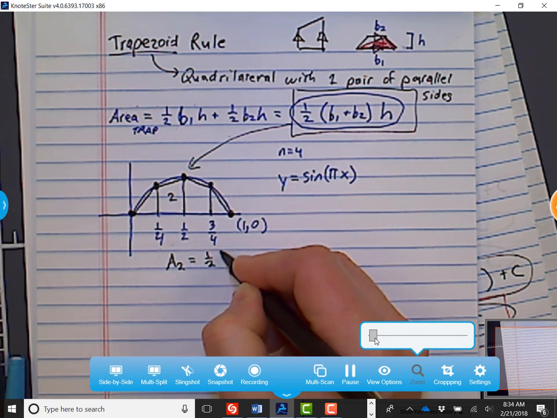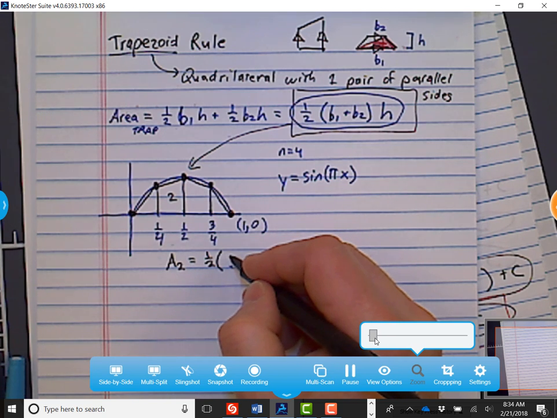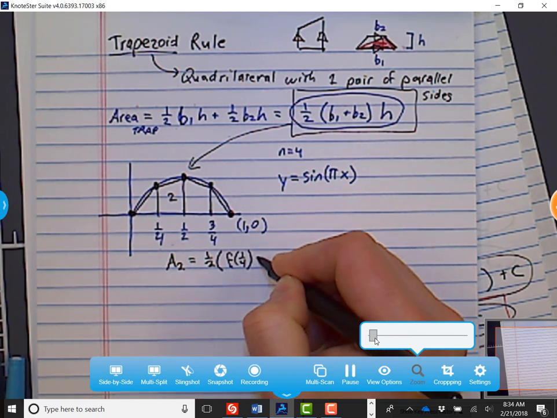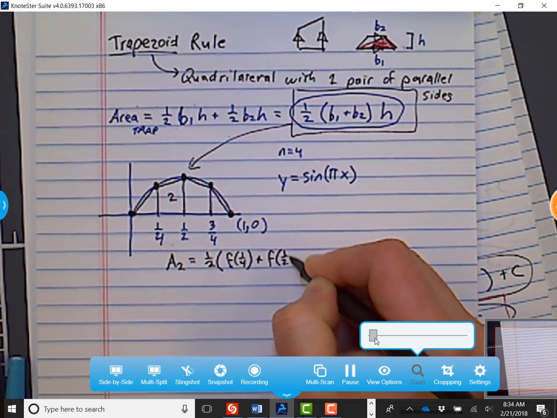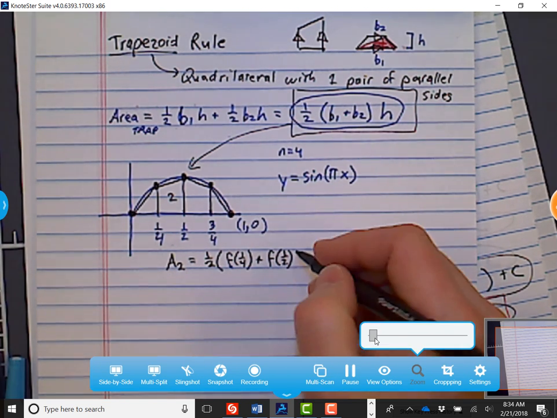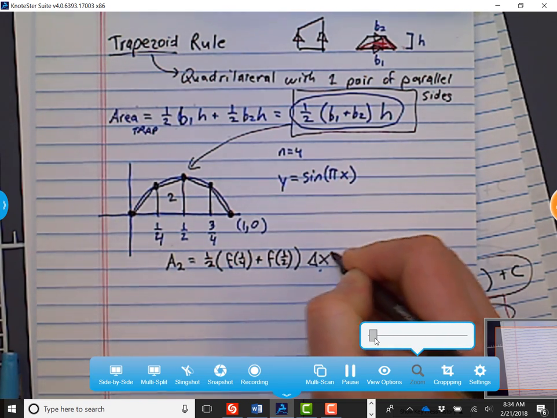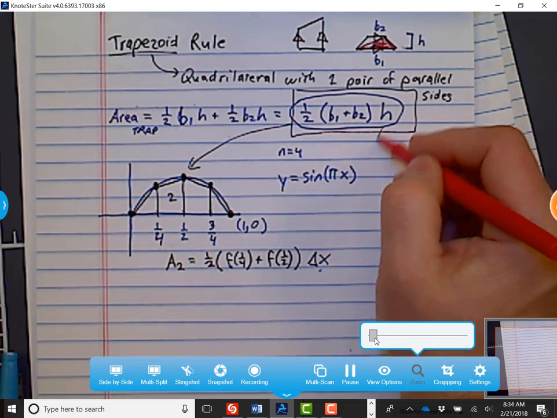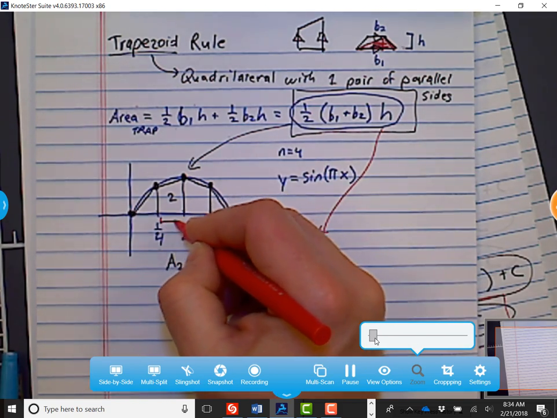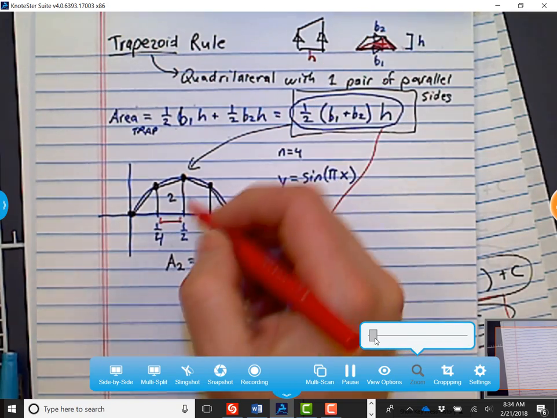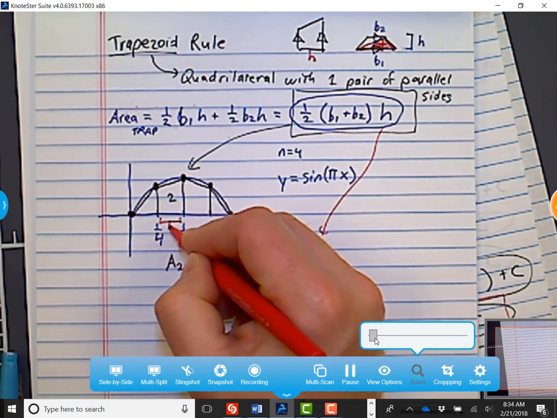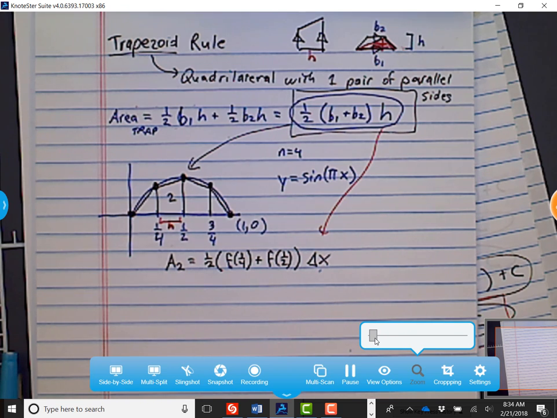This is 1/2 f of 1/4 plus f of 1/2. Those are the bases. And then the height is actually delta x, right? This is the height of this kind of trapezoid. Does that make sense to you guys? So that's area number 2.